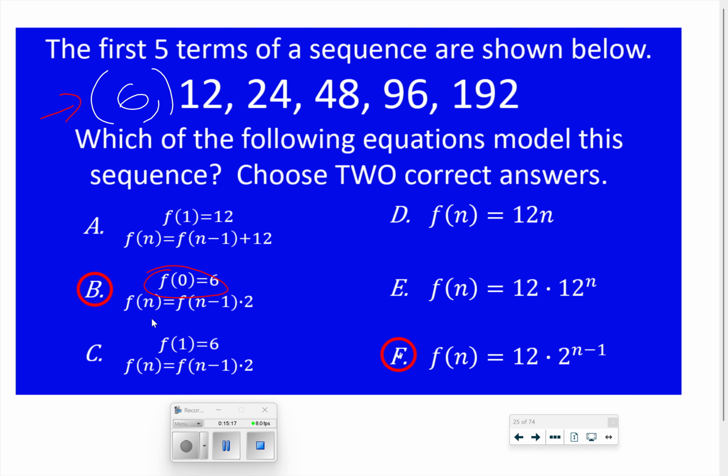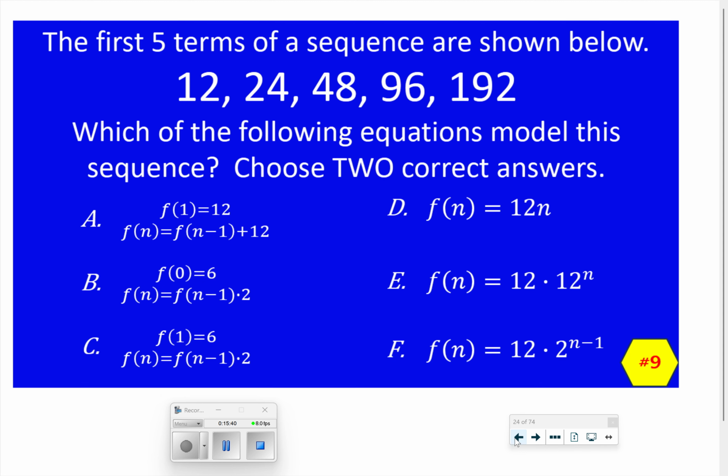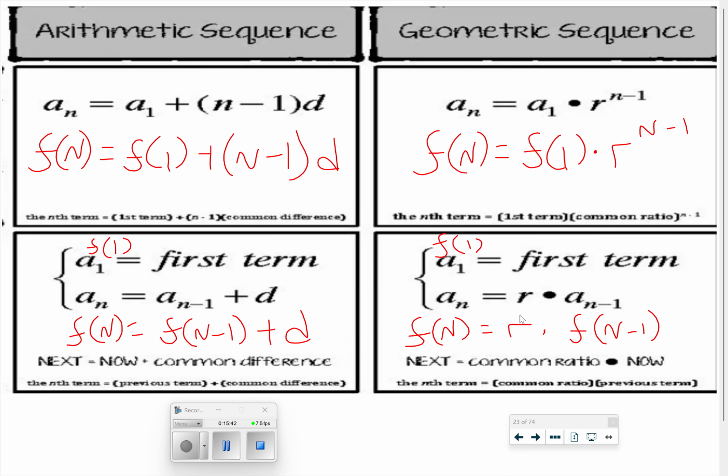Now the other answer, B, this is a recursive formula, okay? The thing is, notice how they got f of 0. So what they did is they went back 1. So they took 12 divided by 2. 6 times 2 is 12. So if 12 is the first term, then 6 is the 0 term. So they put f of 0 and then used the exact same formula for geometric sequence that's recursive here.